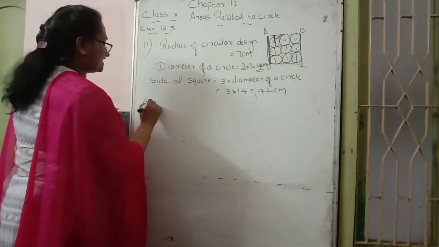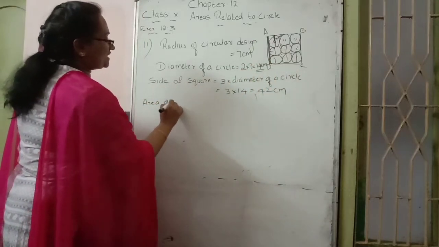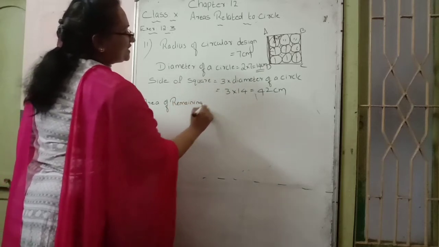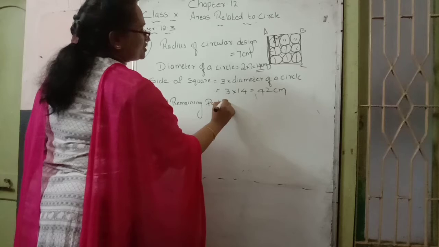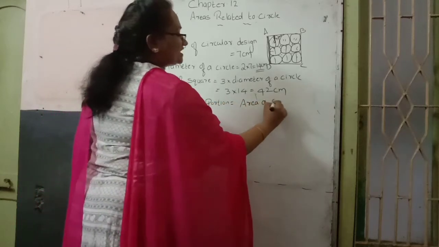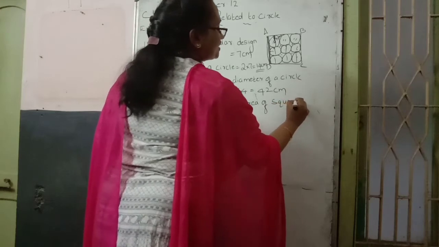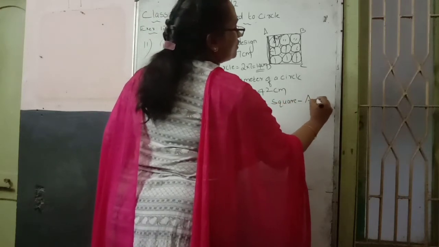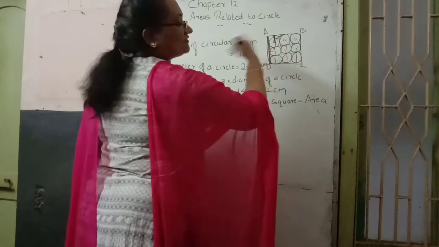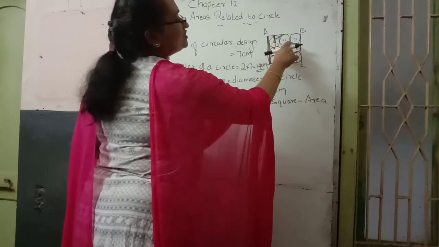Our aim is to find out the area of the remaining portion of the kerchief. They are asking the remaining portion is equal to the area of the square subtracted with the area of how many circular regions are there here. They want to remove these circles and find the area without the shaded portion.